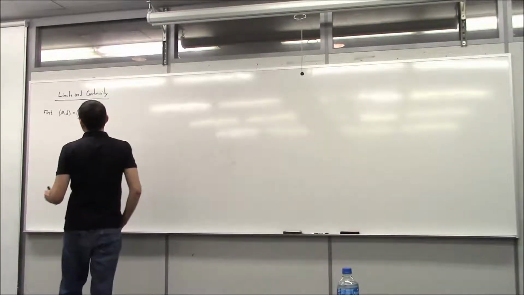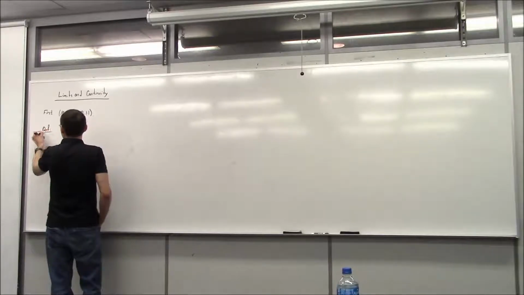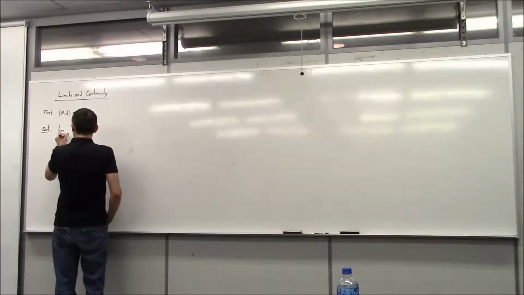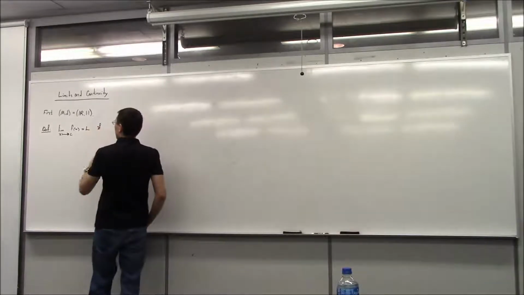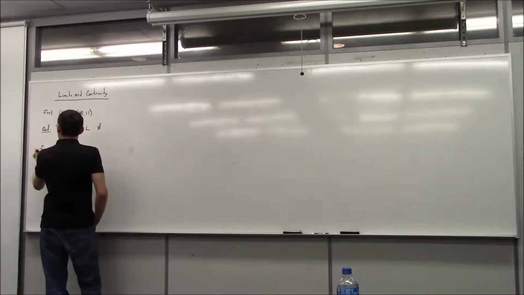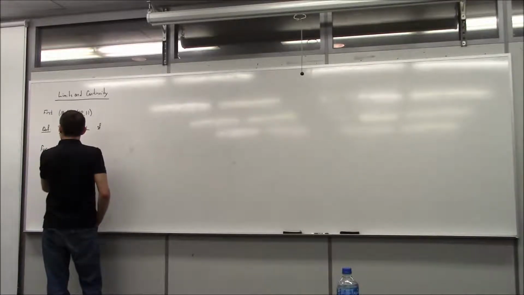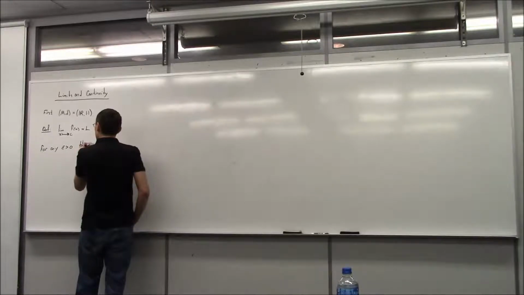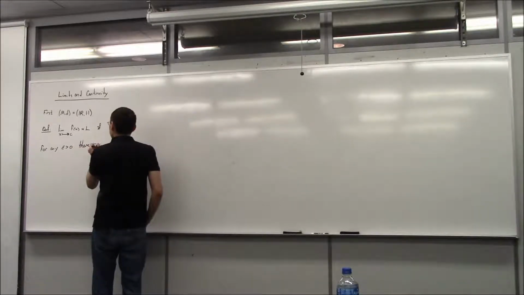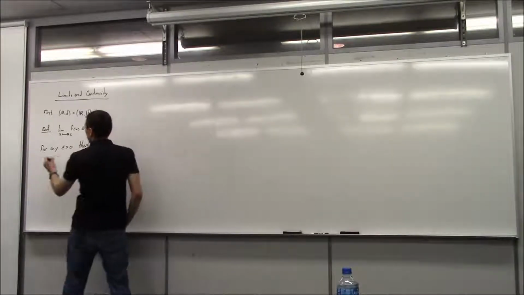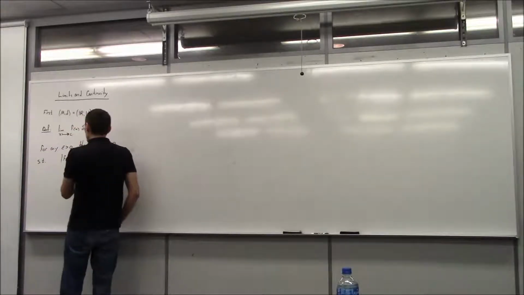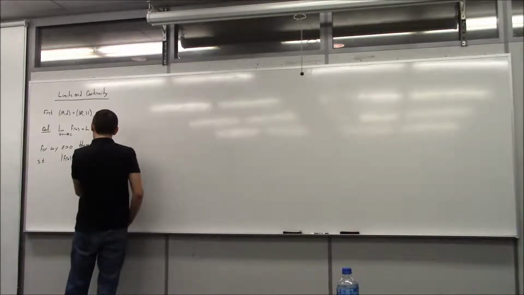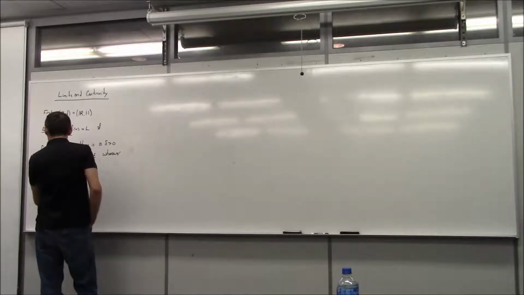So we say that the limit as x goes to c of f of x is equal to L. By definition, it's if for any epsilon bigger than 0, there is a delta bigger than 0 such that the absolute value of f of x minus L is less than epsilon whenever the absolute value of x minus a is less than delta and bigger than 0.